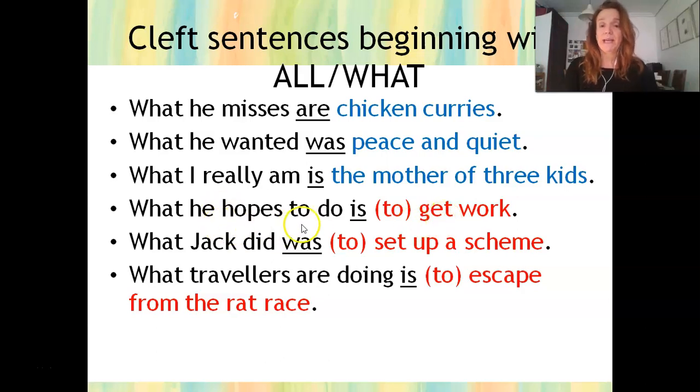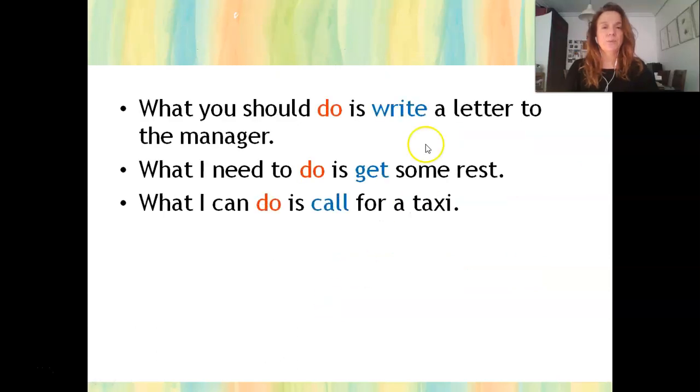So what he hopes to do is get work. What Jack did was set up a scheme. What travelers are doing is escape from the rat race. So, as I said, usually what you get after the verb to be is an infinitive, okay?